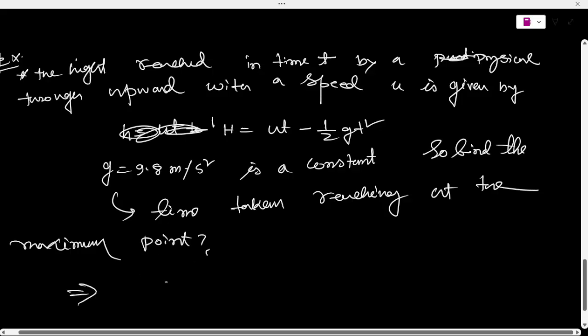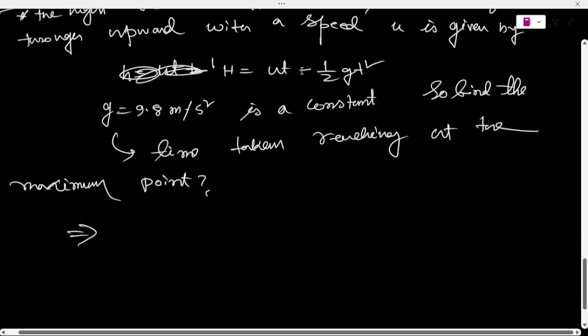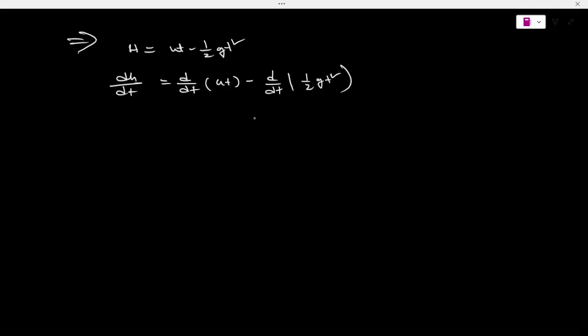So this is the question given here. As per the question, h is equal to ut minus half gt squared. Where dh divided by dt is equal to d/dt of ut minus d/dt of half gt squared.